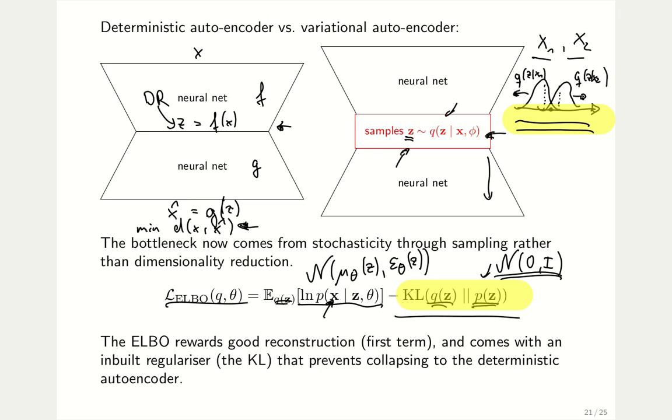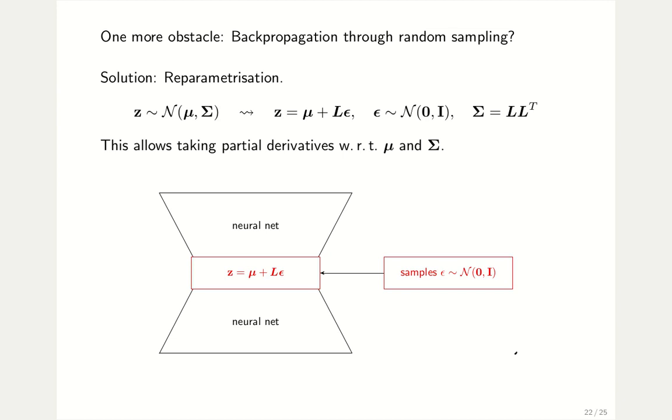And that is what makes it much more stable and much more popular these days than the deterministic autoencoder. So hopefully I was able to convince you that the variational autoencoder does something very reasonable, very nice, and that it improves upon the deterministic autoencoder in a very natural and very well-behaved fashion.